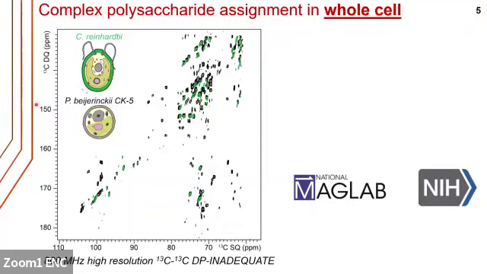This is very important for glycan assignment, since all the chemical shifts are between 110 and, let's say, 60 ppm. So INADEQUATE is kind of compulsory. For this complex system, what is compulsory too is to go to a high field, but also a very efficient probe. This is why we went to the National MagLab facility to access this high resolution and sensitivity.